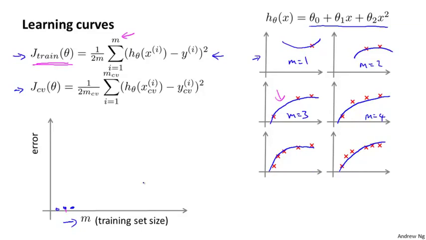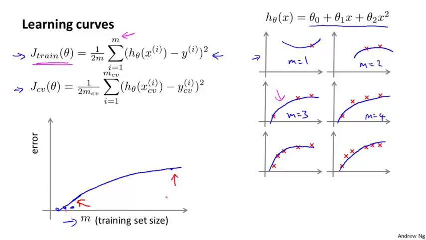So in fact, as the training set size grows, what you find is that my average training error actually increases. And so if you plot this figure, what you find is that the training set error, that is the average error on your hypothesis, grows as m grows. And just to repeat, the intuition is that when m is small, when you have very few training examples, it's pretty easy to fit every single one of your training examples perfectly, and so your error is going to be small.